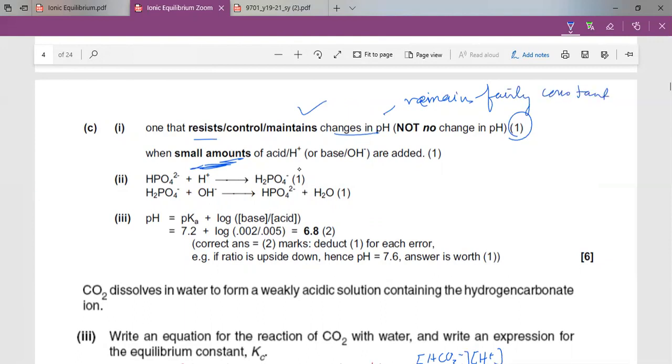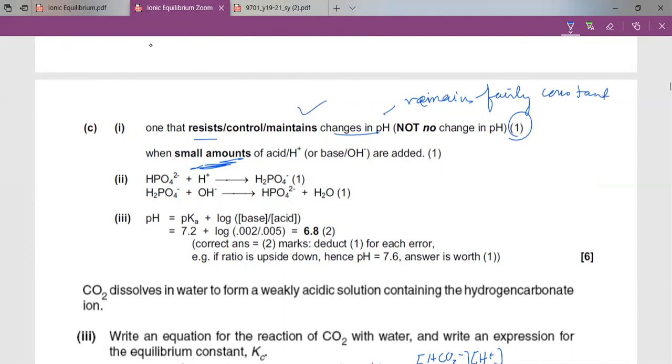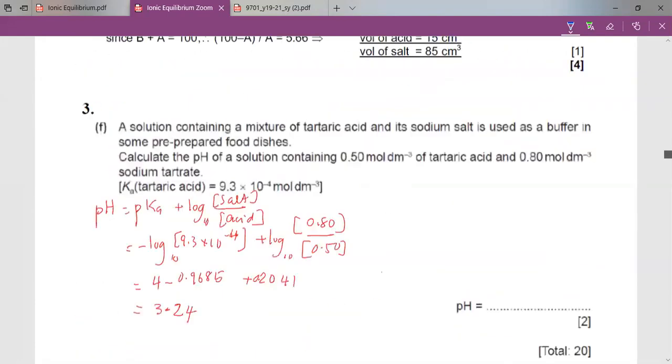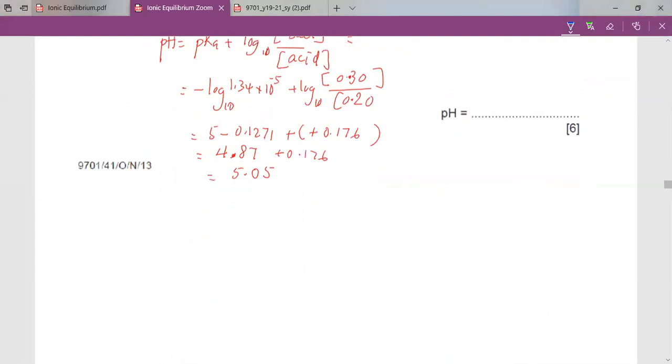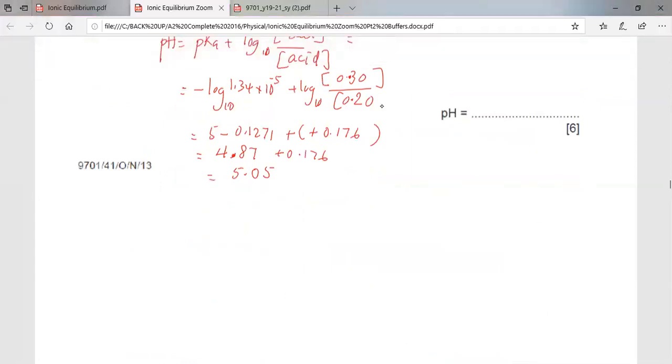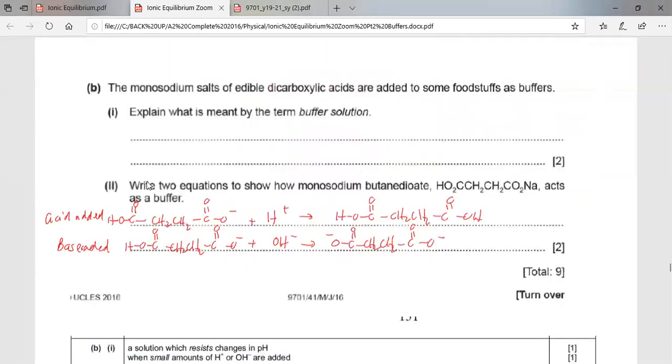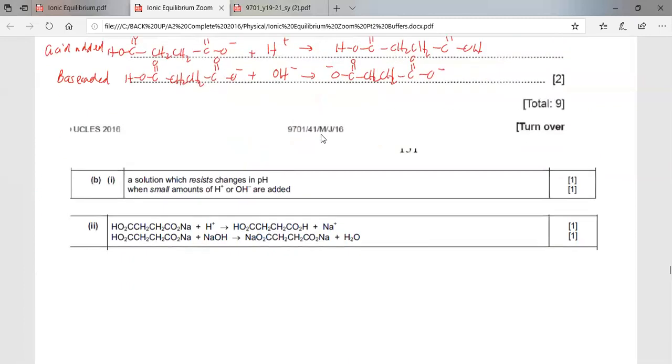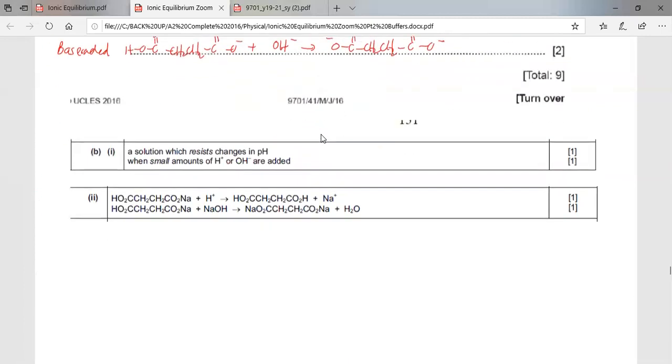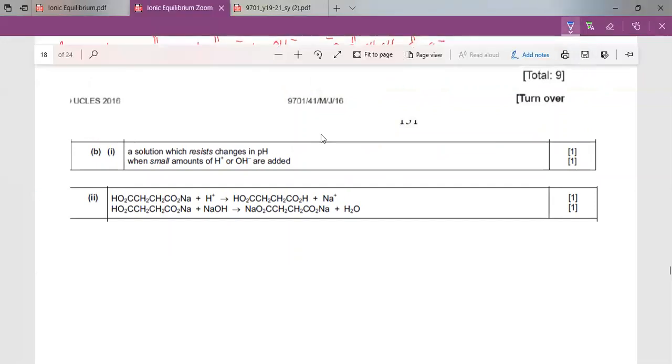Okay, let's get another one. This is the best one, I think, page 18. I put down here page 18. Let's get page 18. Okay, this is, I think, the best one, right? Explain what is meant by the term buffer solution. See here, a solution that resists pH changes. So I like it.